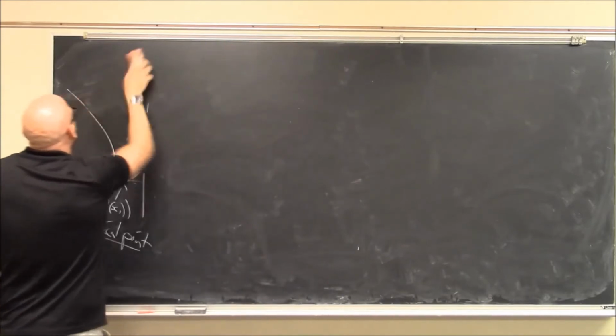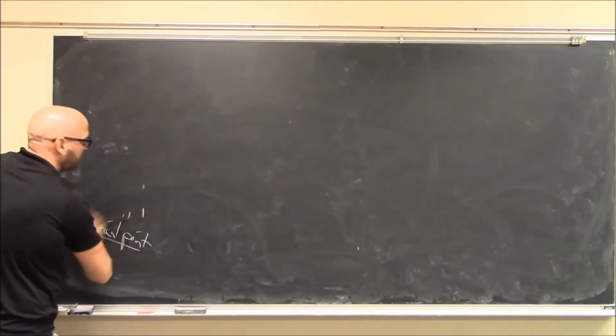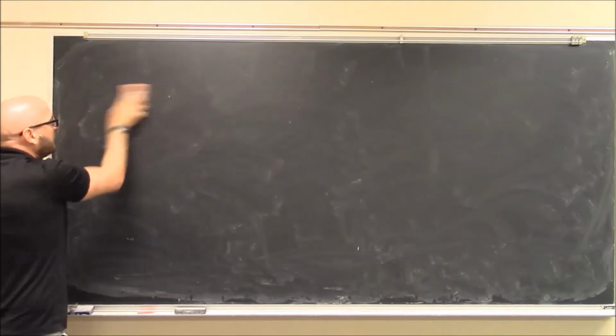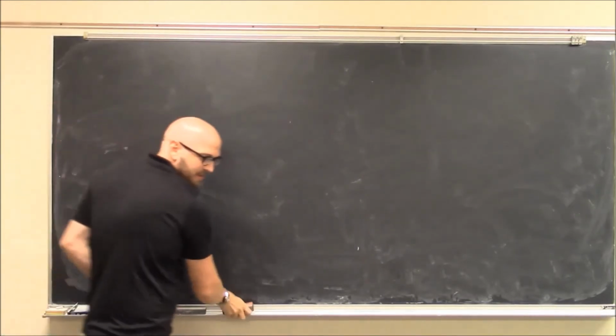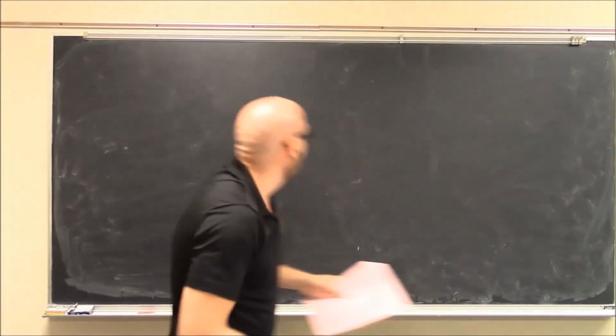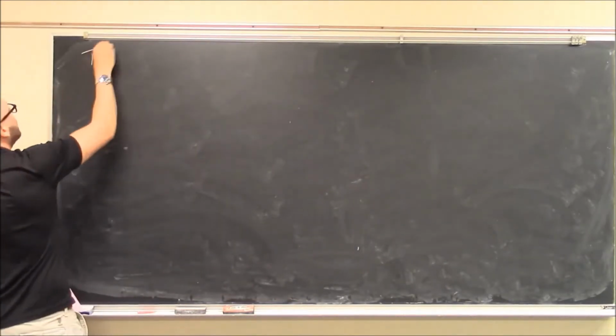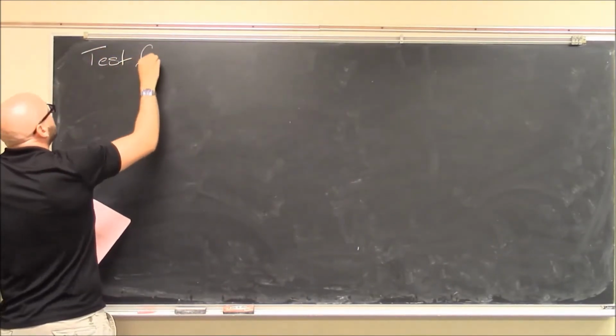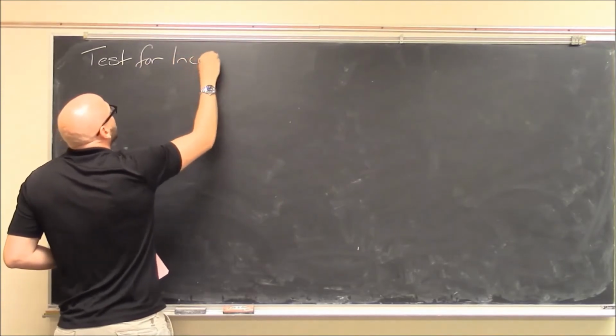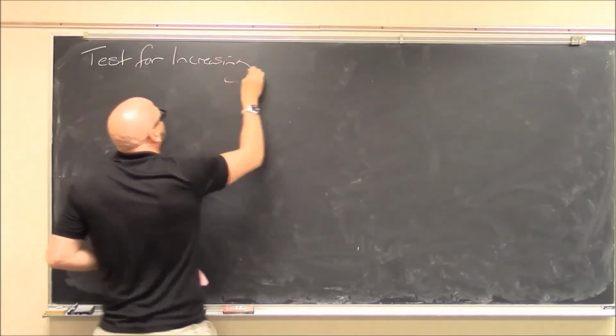but I can boil it down to a nice algorithm for you that involves basically just finding the critical points and plugging in some numbers. So here's the test for increasing and decreasing.